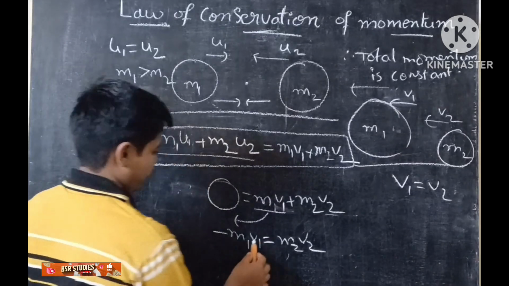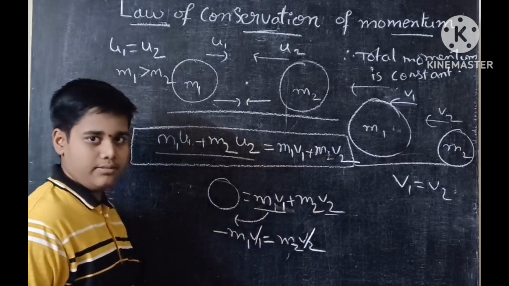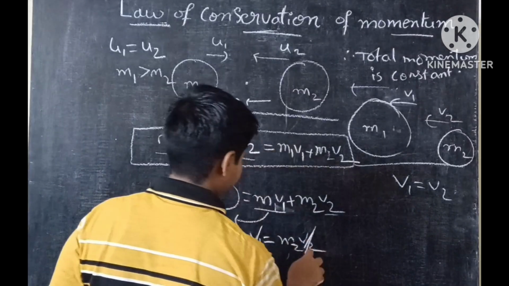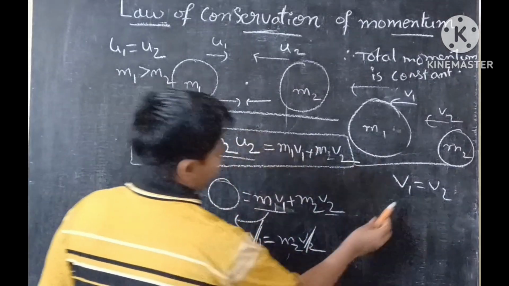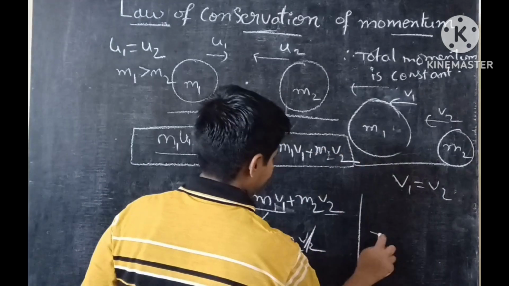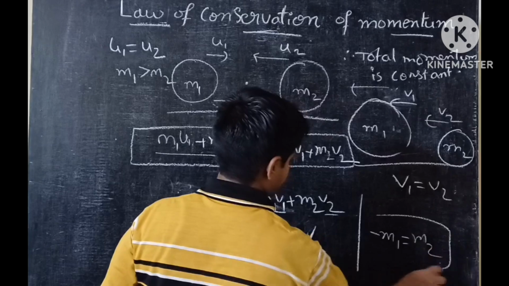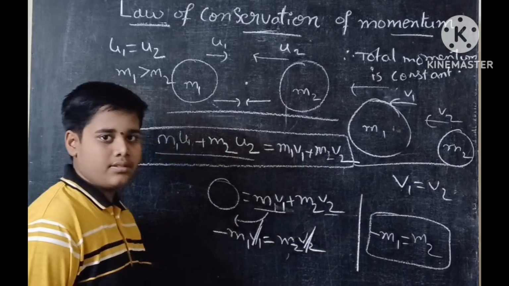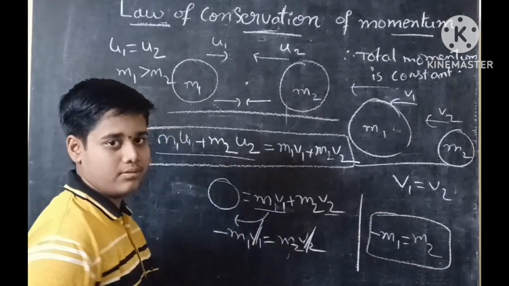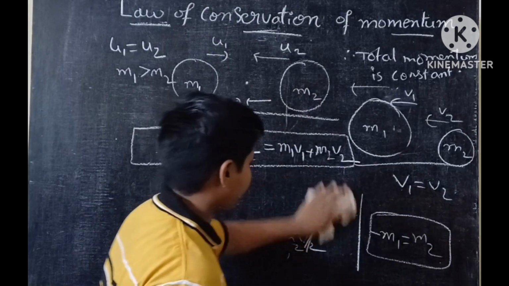Okay, so if I take these two, they are cancelled because both velocities are the same. So both velocities are the same means after collision both masses are also the same. Okay, so this is exactly wrong.